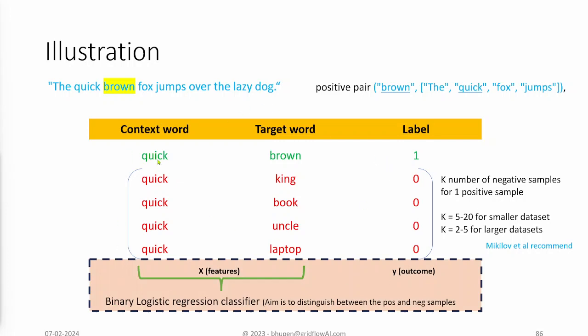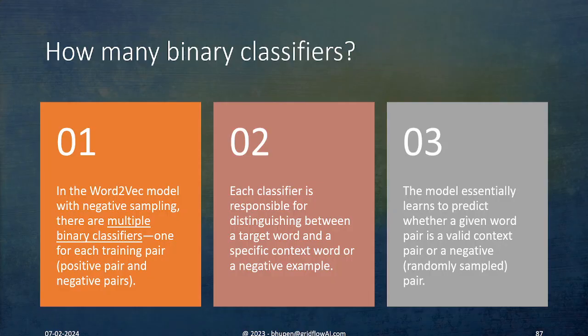Together with the positive pair and the negative samples, you have a binary logistic regression classifier. The aim is to separate those two classes, positive and negative. The loss function is pretty much the same as we have seen in logistic regression.